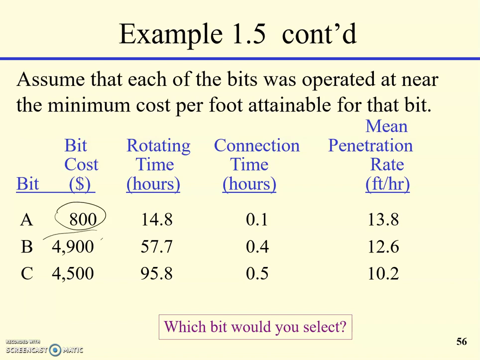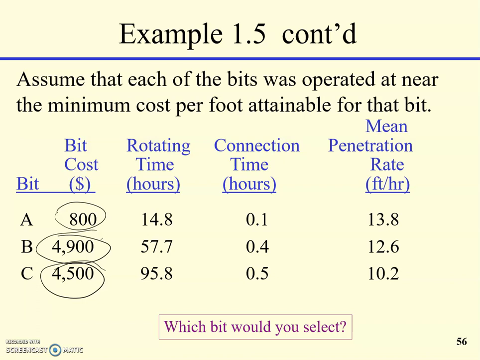Each bit costs differently. We should mention that the cheaper bit doesn't mean that you will have a lower cost eventually, because you may have a much lower rotating time compared to the one that is more expensive, and eventually end up with higher cost if you use the lowest cost drill bit.